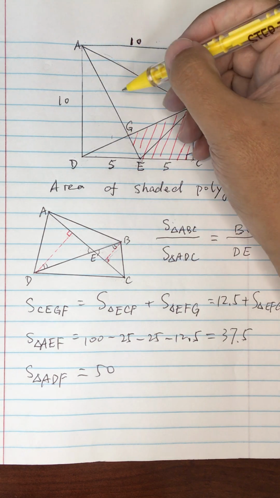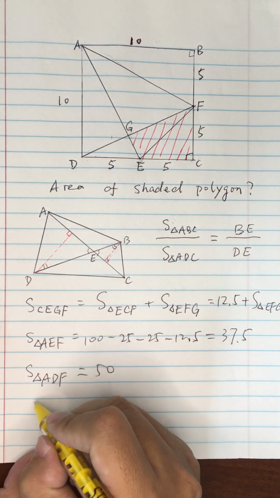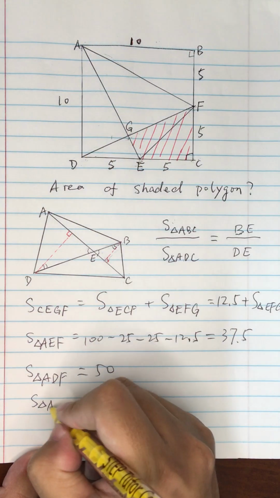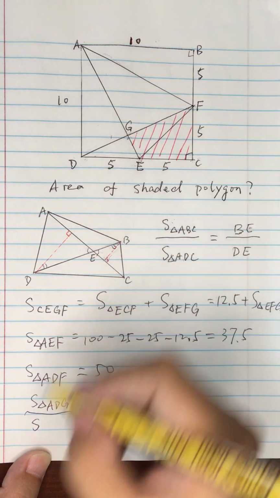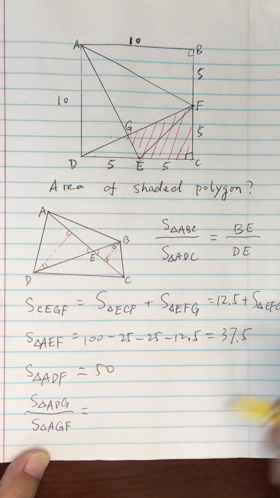So what we want to know is the proportion. It's going to be the ratio of the triangle ADG over the triangle AGF.